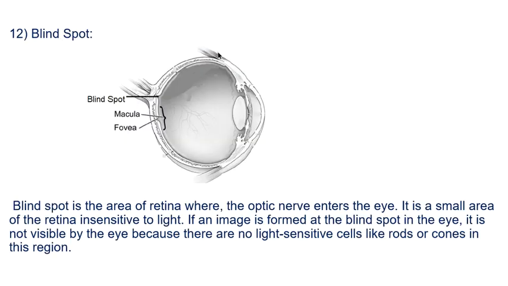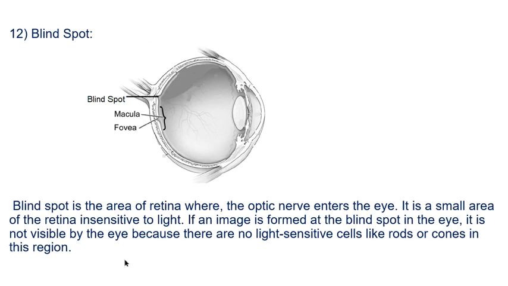blind spot. Fine. So you have seen the eye diagram: cornea, aqueous humor, lens, vitreous humor, retina. On the retina, we have seen the macula and fovea. Now the blind spot. This is the optic nerve, at the head of the optic nerve.